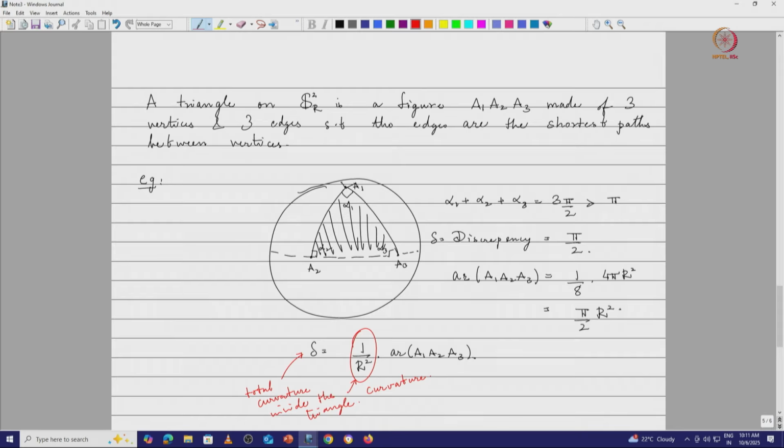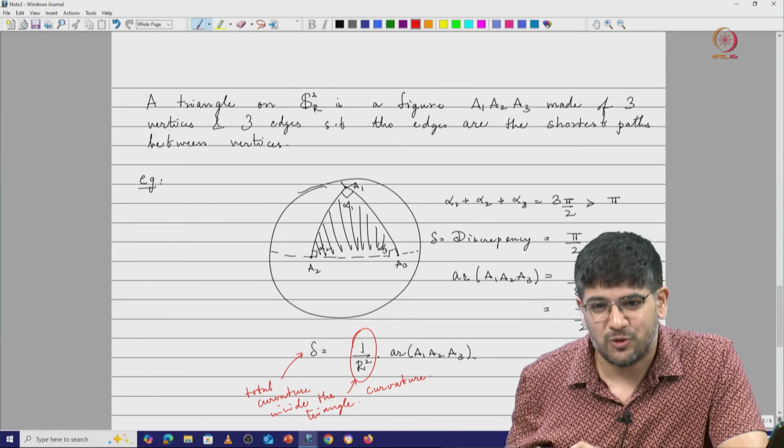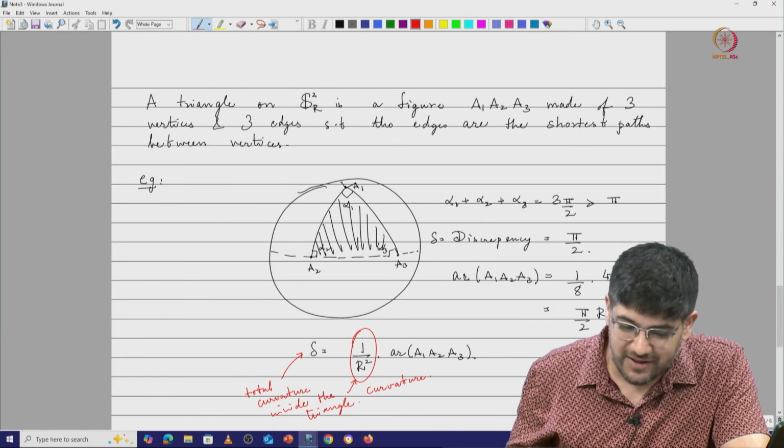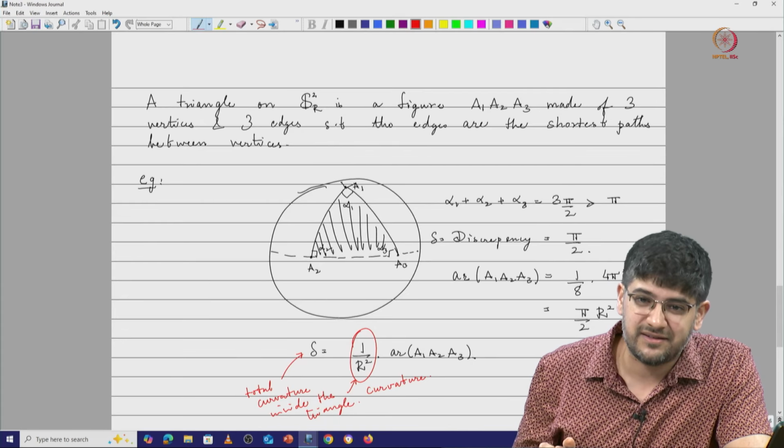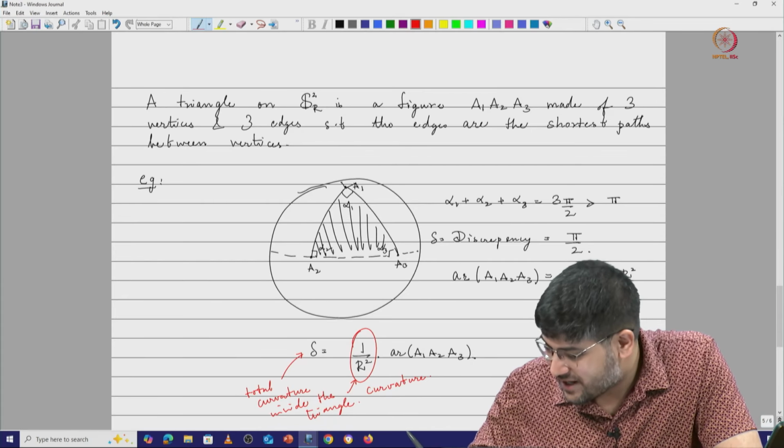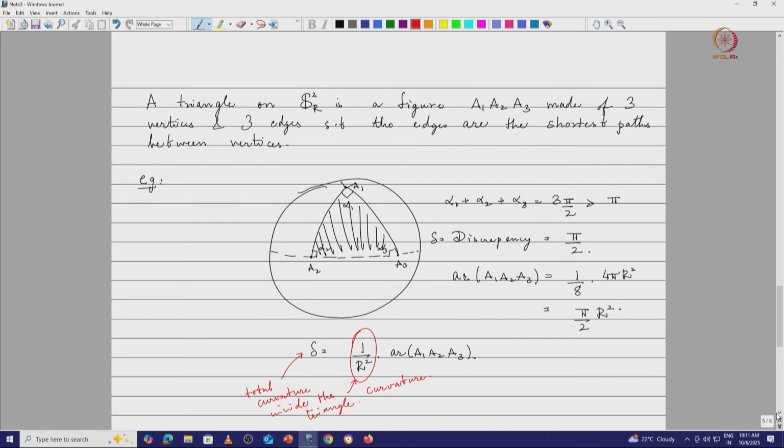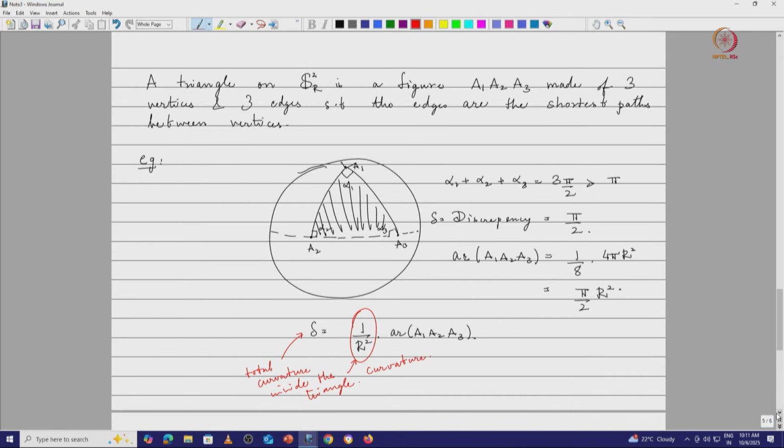So this turns out to not be a coincidence. I'll state a very general theorem, and I'll indicate how to prove that, and maybe the point of the next 2 lectures is going to be to make sense of whatever I've written here: the discrepancy of the sum of angles with pi is essentially related to the total curvature contained inside a triangle.